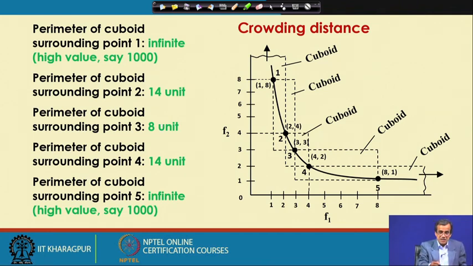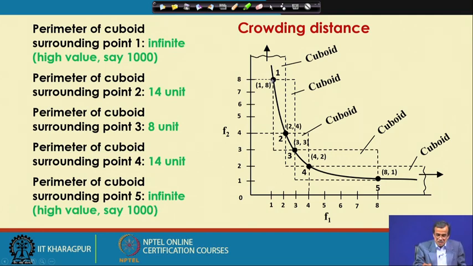So, these are all the crowding distance values, and as I told, the points which have more crowding distance values, like point 1 and point 5, if we give more preference to those points in the mating pool during the proportionate selection, there is a possibility there will be more copies of point 1 and point 5 in the mating pool.